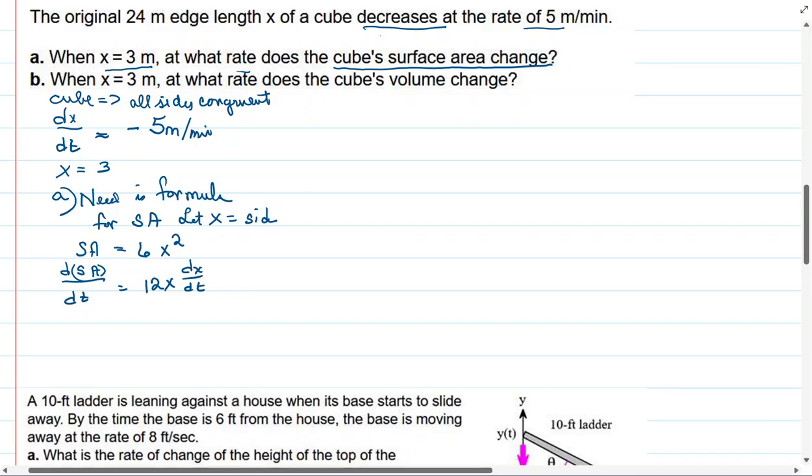All right. We want this guy here, that guy there. Substitute. 12 times the 3 times the negative 5. Is everybody comfortable with that?